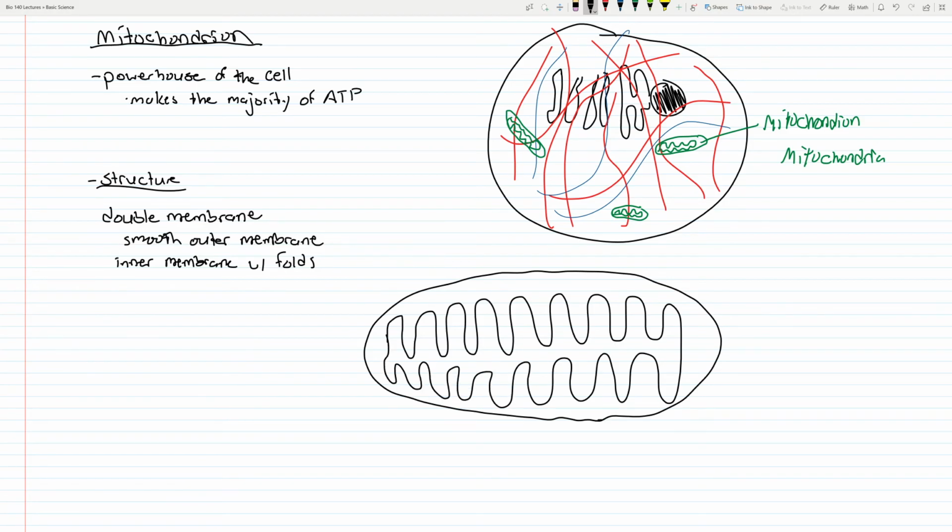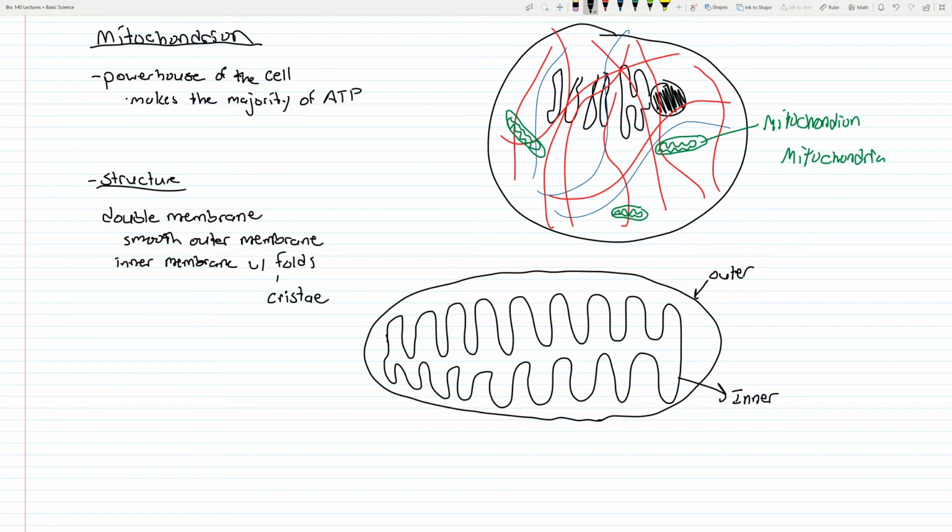That's what I mean by double. This would be the outer, and this in here would be the inner membrane. And what these little projections are, they're called the cristae. Again, that doesn't matter.